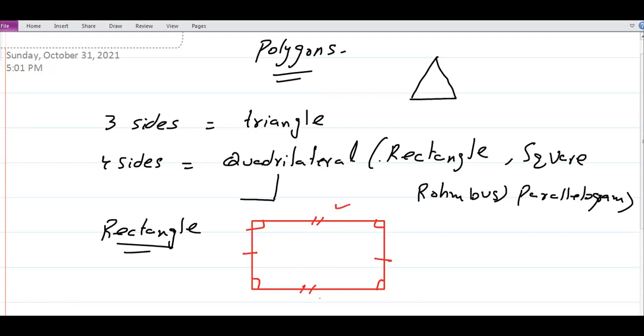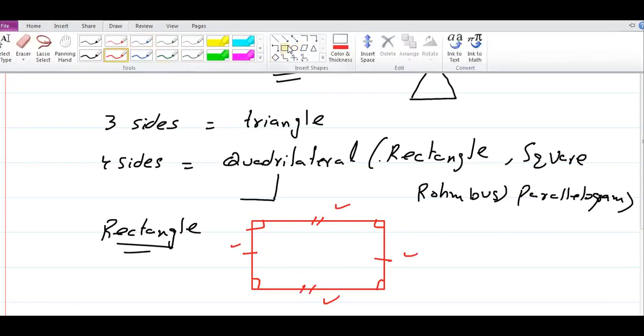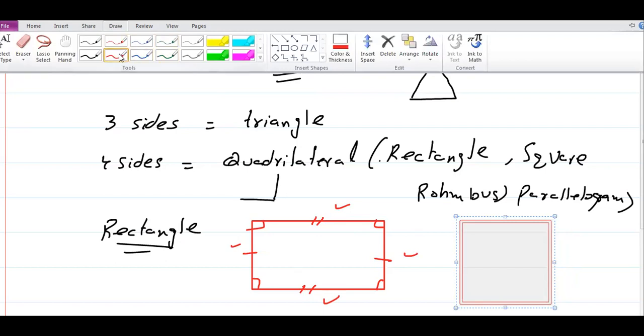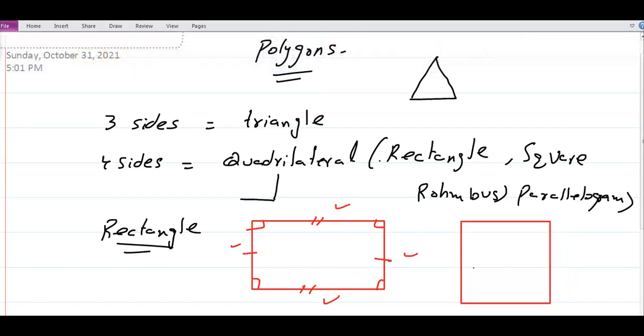I mean, this side will be equal to this one, this side will be equal to this one, and they are parallel also. Talking about square, you already know that square is a four-sided shape whose all sides are equal. Like all angles are 90 degree and all four sides are equal, and opposite sides are parallel also.